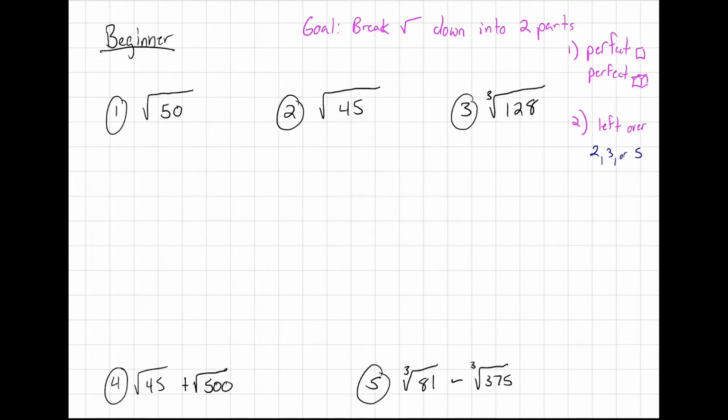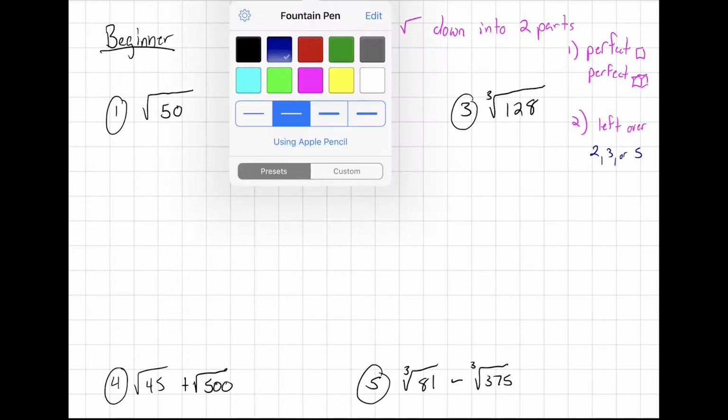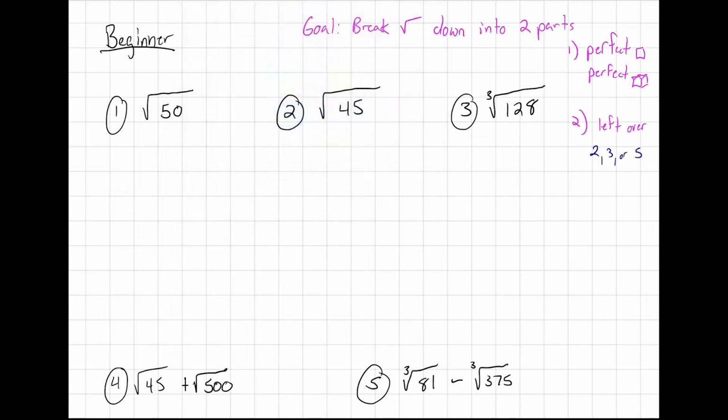So, looking at number 1 here, we have the square root of 50. Now, we know we can't take the square root of 50, so what we need to do is try to break down 50 into 2 factors, right? Split it up, divide it. And when we do that, we are basically creating 2 separate radicals that will eventually be multiplied together.